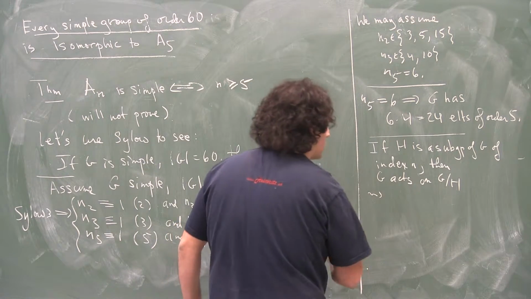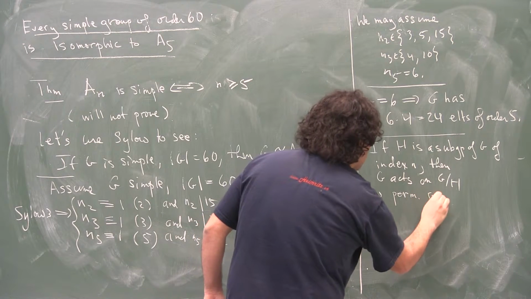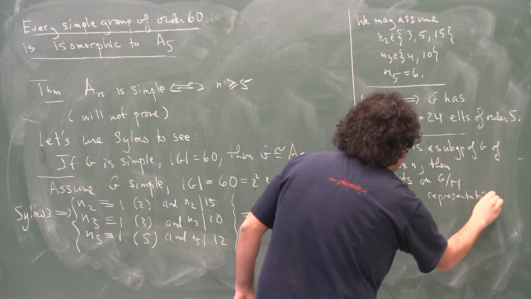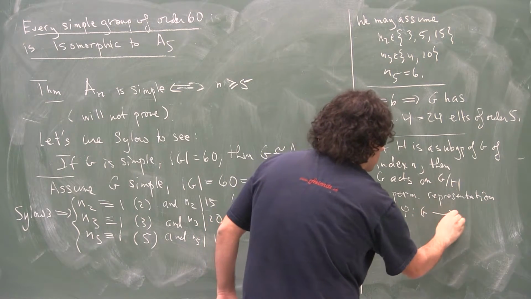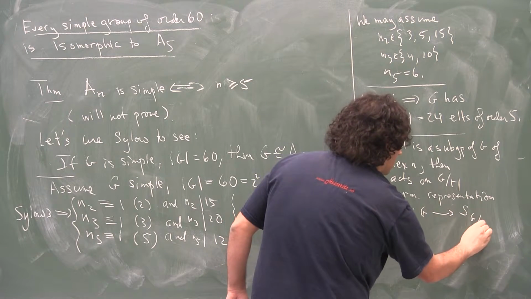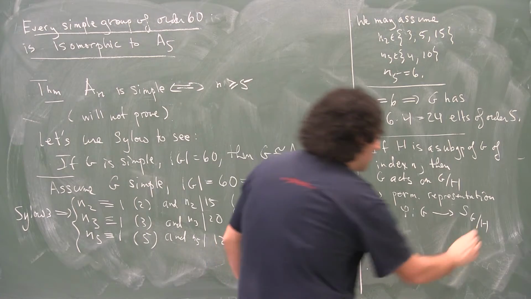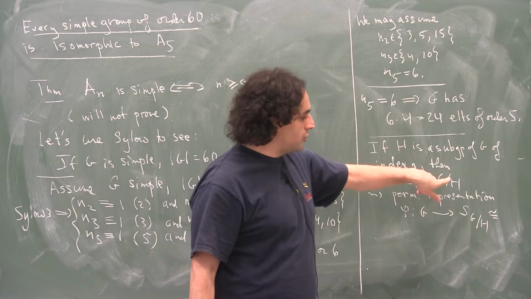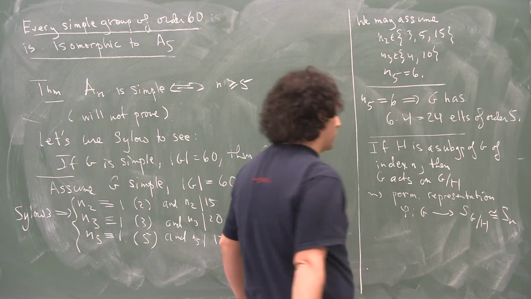And this gives rise to a permutation representation phi, which goes from G to the symmetric group on the set G mod H, but saying that the index is n is saying that G mod H has n elements. That's saying that this is isomorphic to S_n.